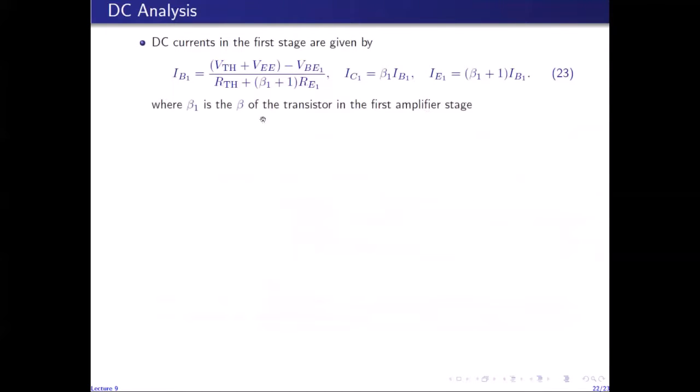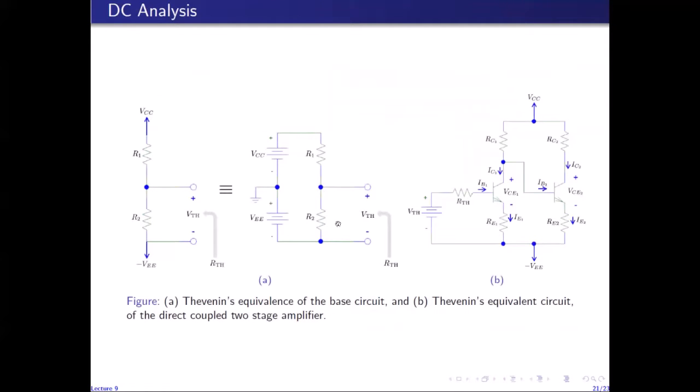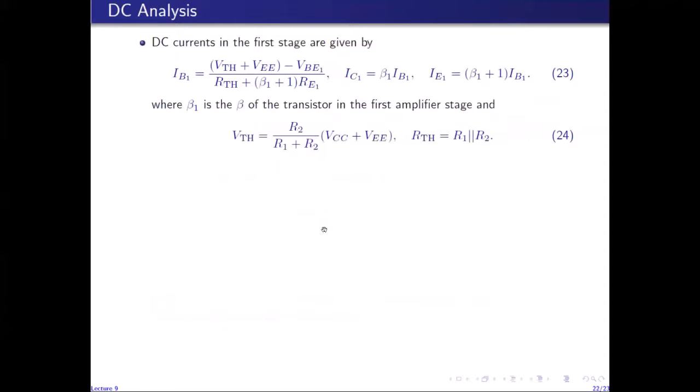Here beta 1 is the current gain of the transistor in the first amplifier stage. And V Thevenin and R Thevenin are given by, so V Thevenin is the fraction of voltage across R2, and R Thevenin is the parallel combination of R1 and R2, as before. So there is nothing new here. We've already seen these expressions.